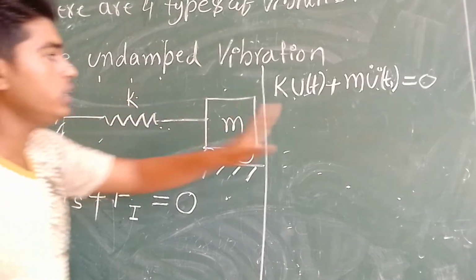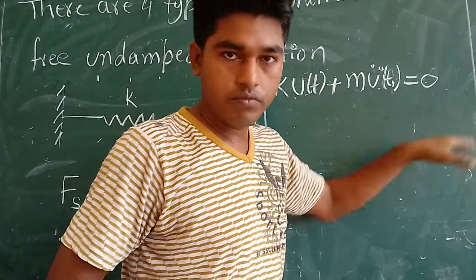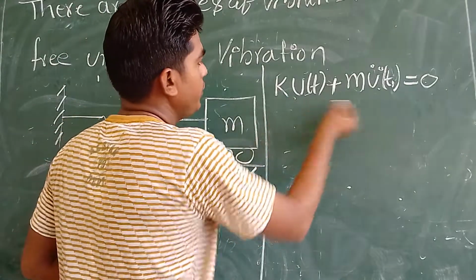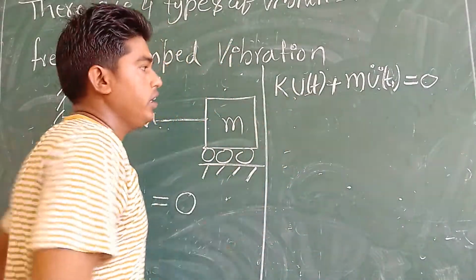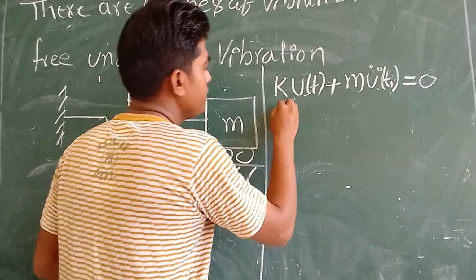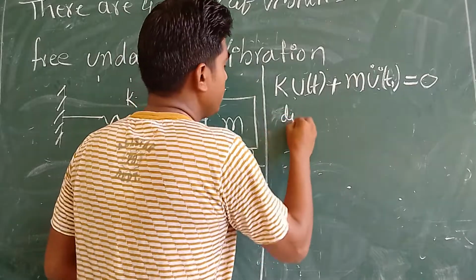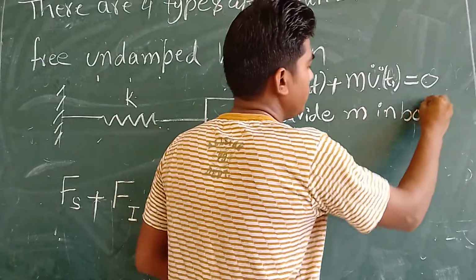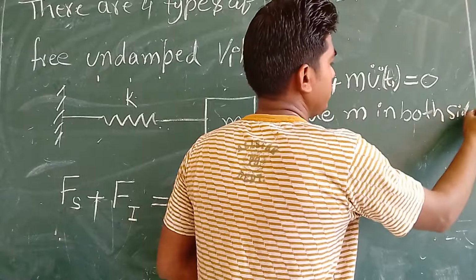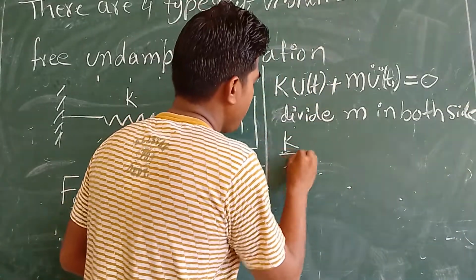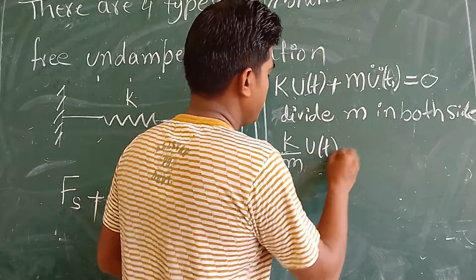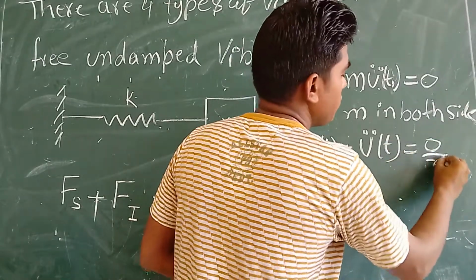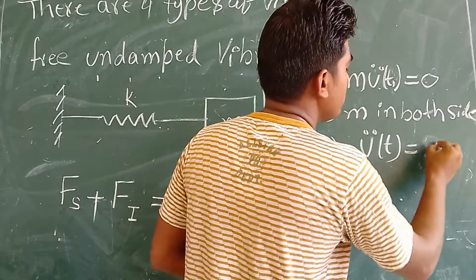If a force is acting in forced vibration, you write it on the right side as equal to the acting force. Here, dividing both sides by the mass m, we get k by m into u plus u double dot is equal to 0.